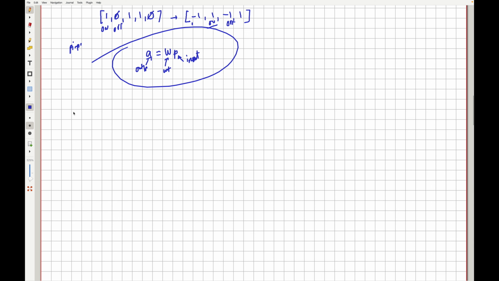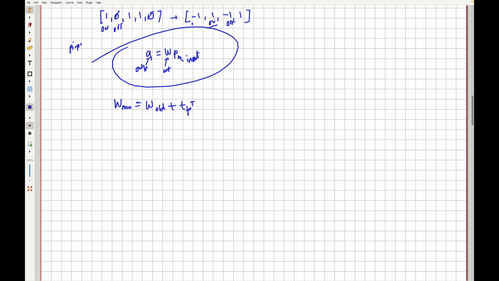And how does Hebb's rule work? It says that if an input neuron and an output neuron are on at the same time, then strengthen the connections between them. Mathematically, we can show that as follows: new W, or the updated weight matrix, is equal to the old weight matrix plus the outer product of the target with the input.